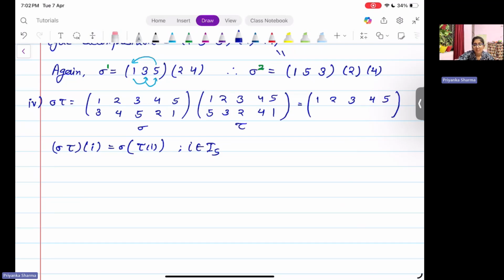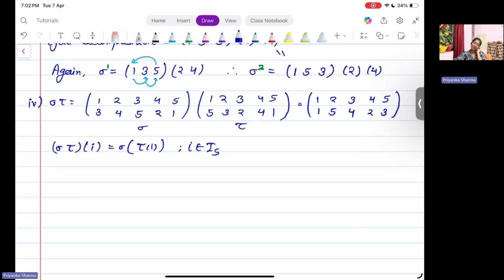So what will be the image of 1? First, we will find the image of 1 under tau, and then we will find the image of that image under sigma. So 1 maps to 5 and 5 maps to 1. 2 goes to 3, 3 goes to 5, 3 goes to 2, 2 goes to 4, 4 goes to 4, 4 goes to 2, and 5 goes to 1, 1 goes to 3.